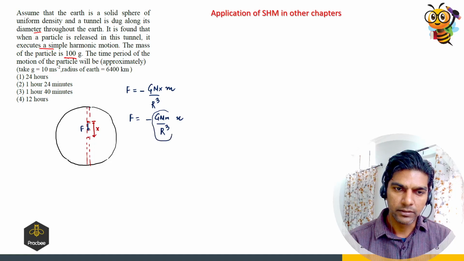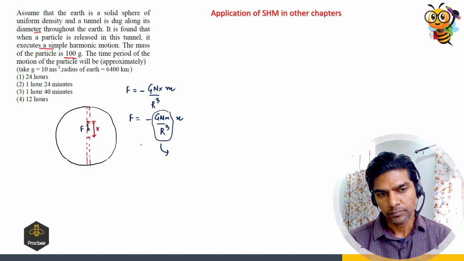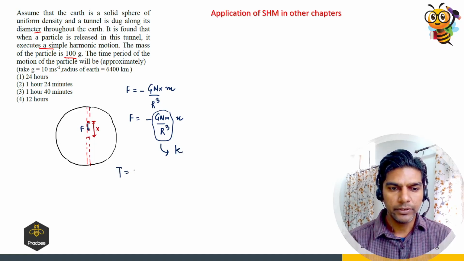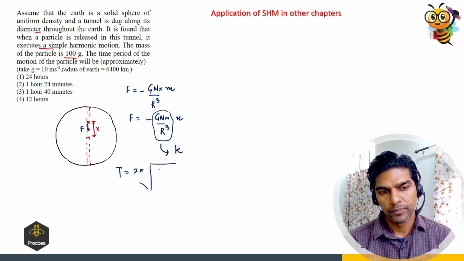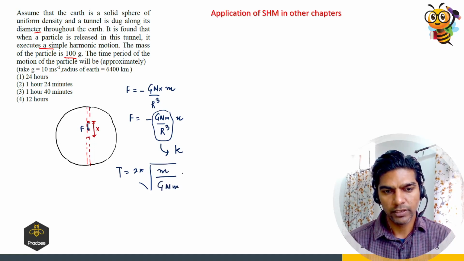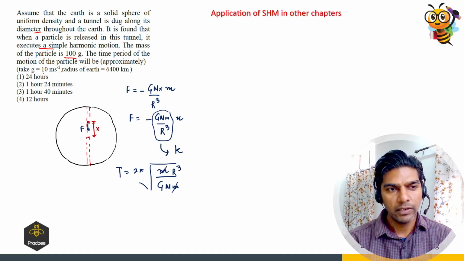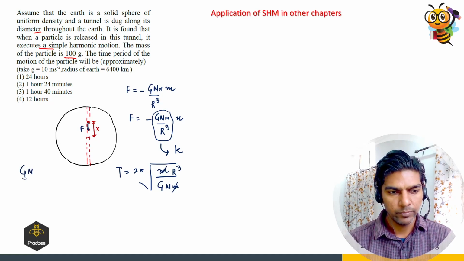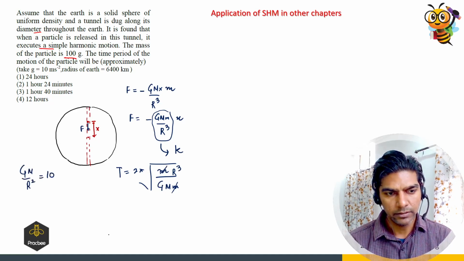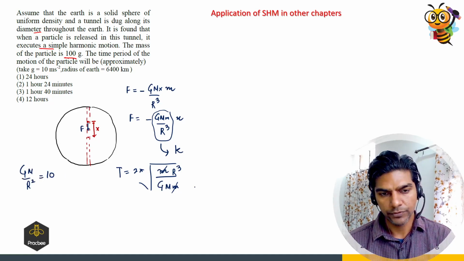Now this factor is nothing but the force constant k, and we have to find the time period, which will be 2 pi root m by k. Mass of the particle divided by k, and k is GMm by R cubed. And we are given the value of g, and we know that GM by R squared is 10, that is the acceleration due to gravity on the surface of the earth.